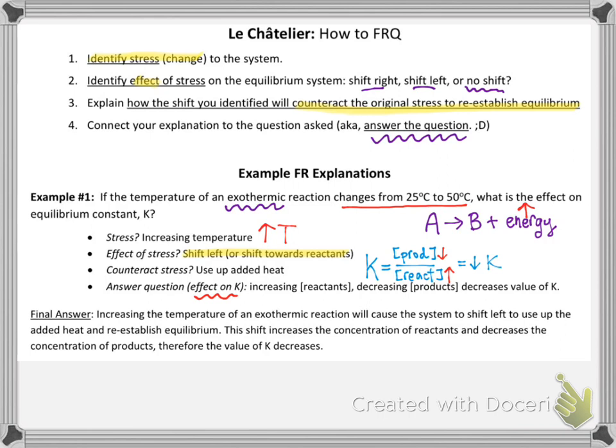Increasing the temperature of an exothermic reaction will cause the system to shift left, to use up the added heat, and re-establish equilibrium. That phrase is key. And this shift increases the concentration of reactants, decreases the concentration of products, therefore the value of K decreases, and done. Let's check out another example.